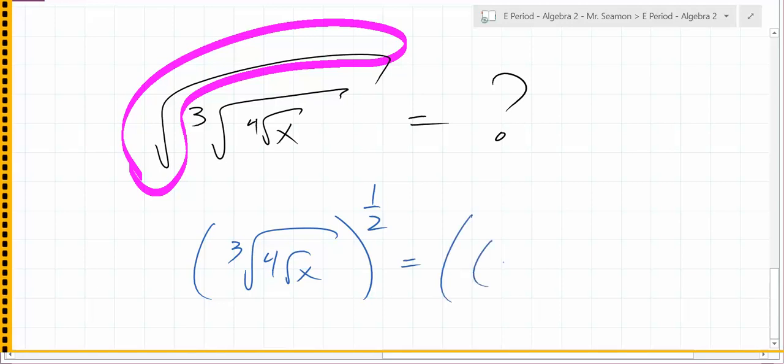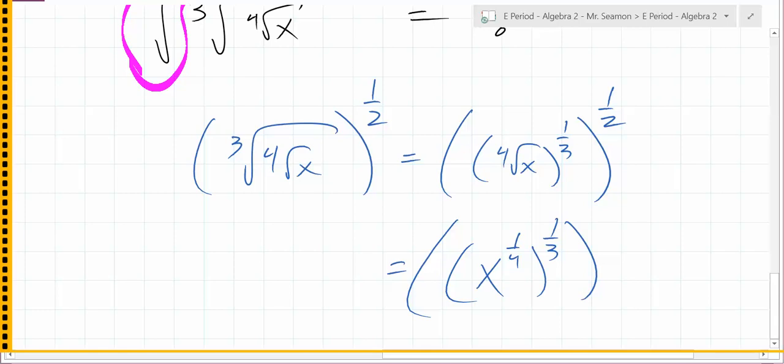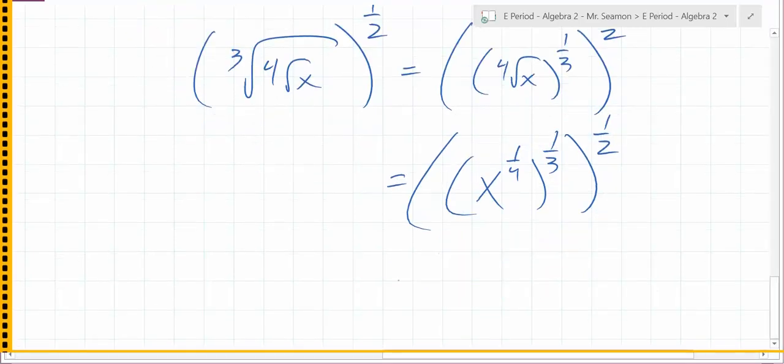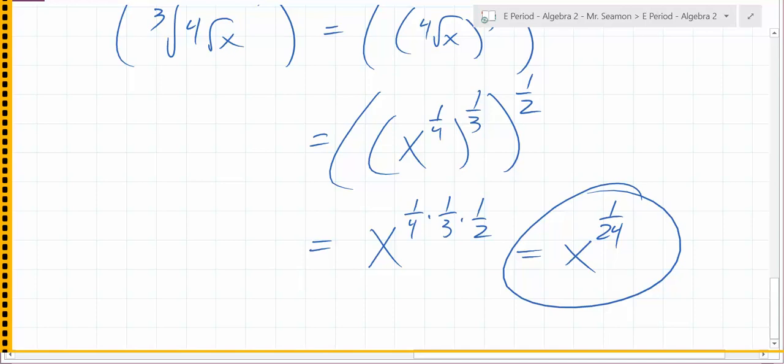So you have the fourth root of x to the 1/3, all to the, what does fourth root mean? 1/4. To the 1/4, to the 1/3, to the 1/2. What do you do with powers of powers? Multiply. So it's x to the 1/4 times 1/3 times 1/2. X to the 1/24. We got the x right.